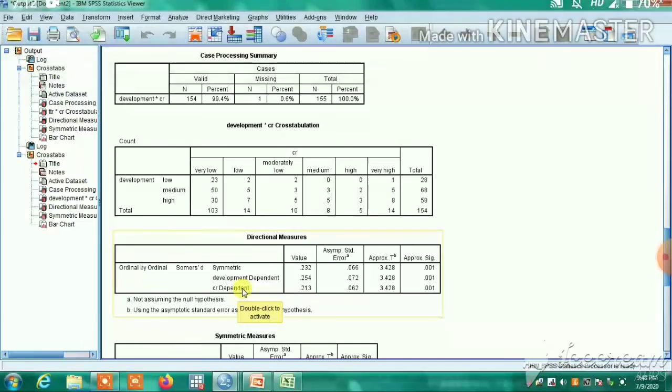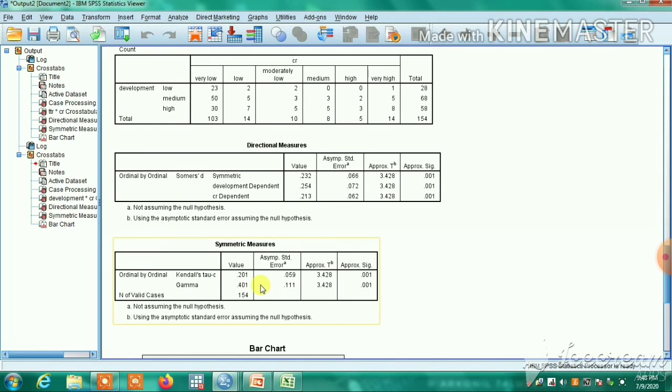So the prediction for the outcome variable, that means the number of COVID cases per lakh, is 21.3% better if we consider the level of development as the indicator or independent variable. And it is statistically significant also, because this value is less than 0.05. It is 0.001. It is also significant.